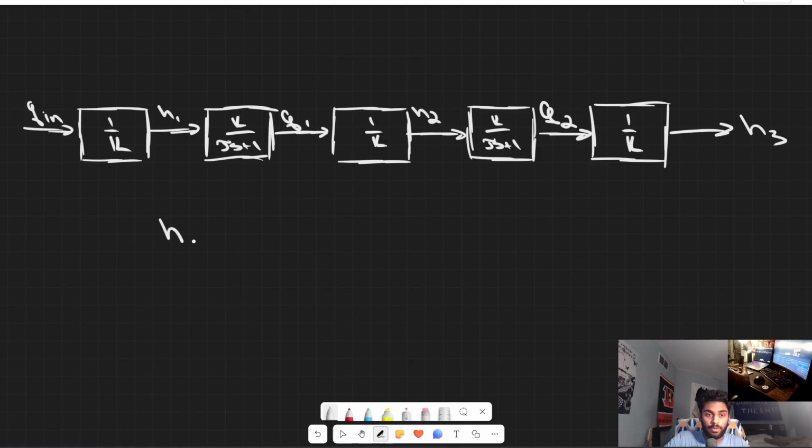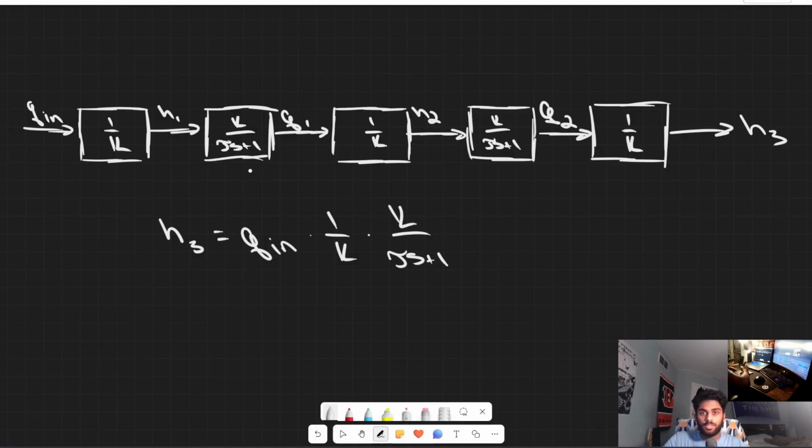So H3 is equal to, which way should we go? Should we go backwards or forward? Let's go forwards. Qn times 1 over K times K over tau S plus 1.